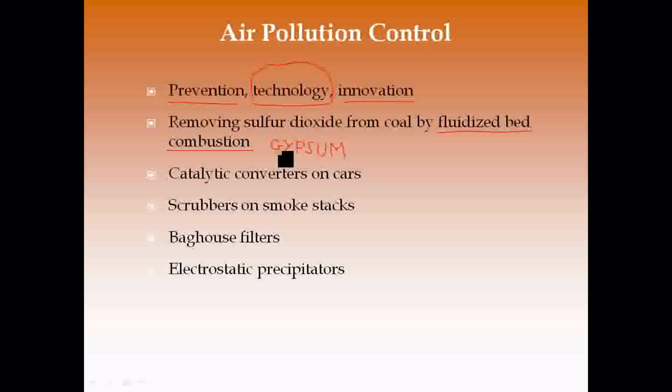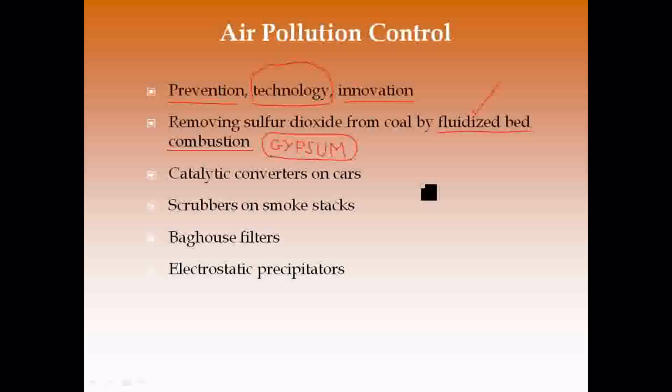So this is a 2-for-1 deal. We don't have to mine the gypsum to make wallboard, to make drywall. We can take the calcium sulfate that's made during fluidized bed combustion, and we can make gypsum out of it.